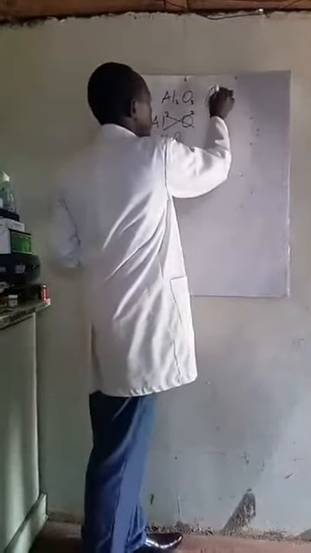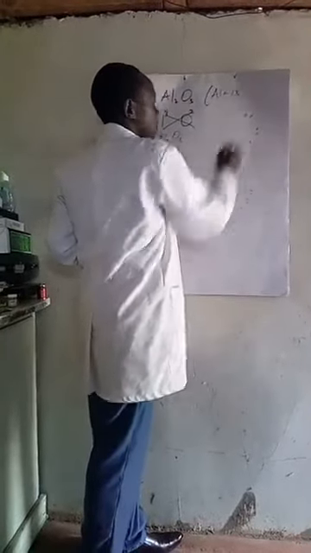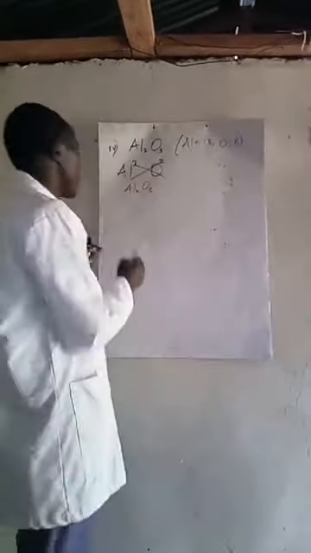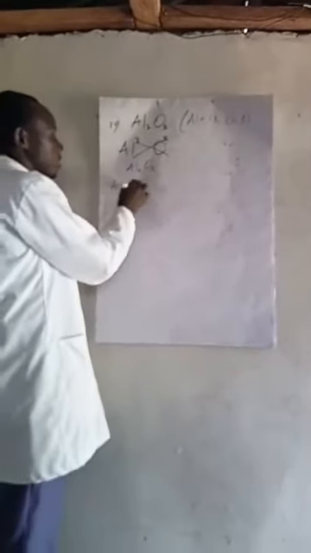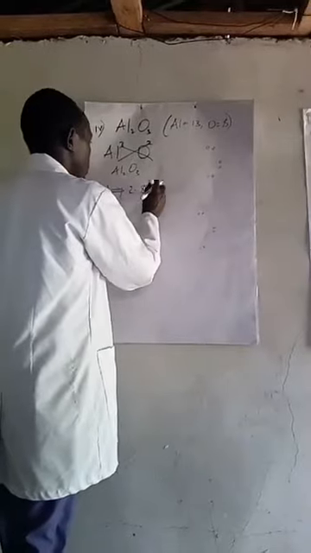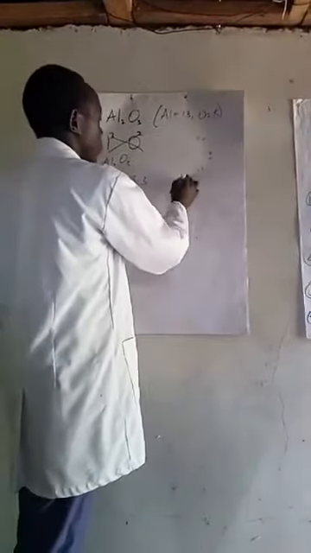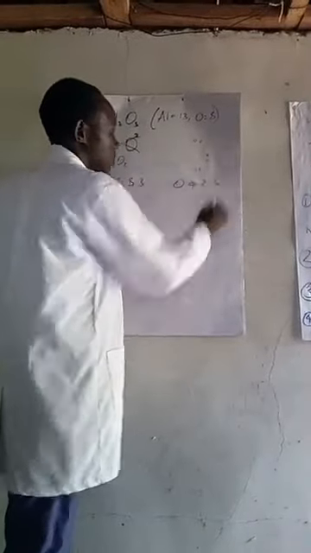Now aluminium is atomic number 13. Oxygen is atomic number 8. The electron configuration of aluminium is 2, 8, 3, and the electron configuration of oxygen, as we have said, is 2, 6.